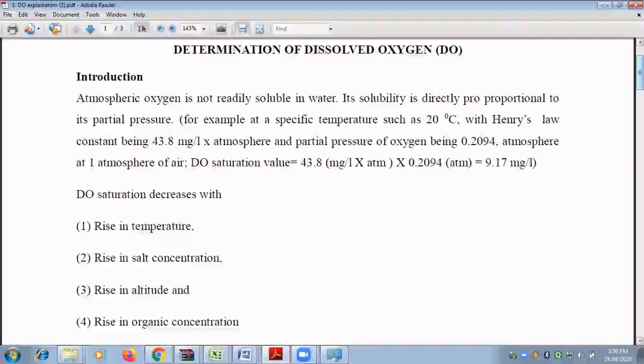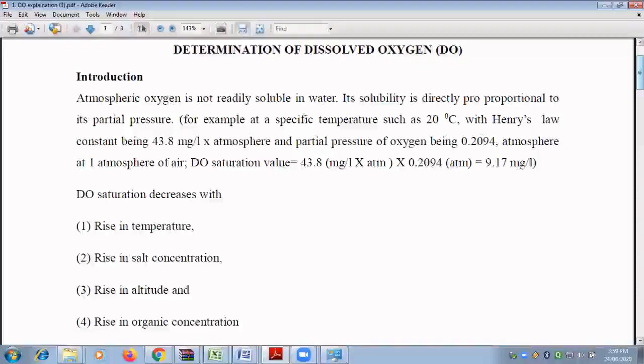That means at 0 degrees Celsius, I will get a maximum DO value of 14.62. I won't get a DO value greater than 14.62 at that particular temperature. So indirectly, I'm also making you understand that the DO saturation value is a temperature specific phenomenon, right?